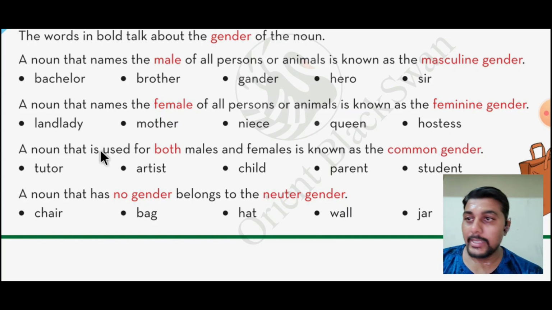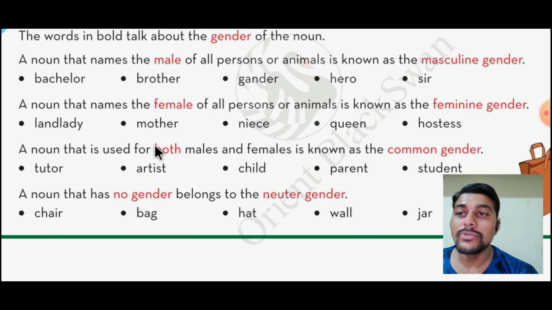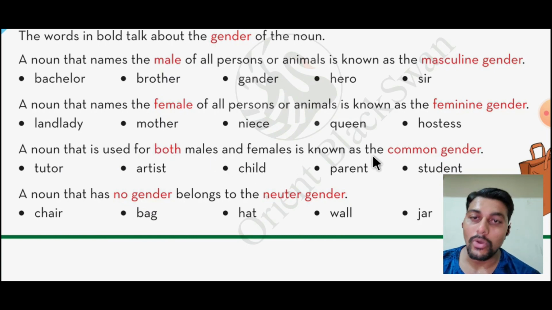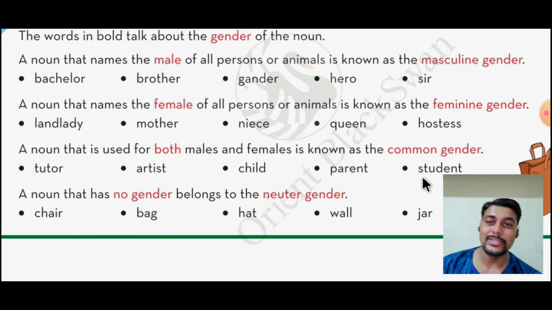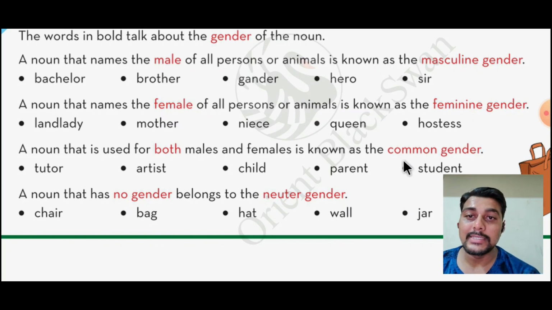Third one is a noun that is used for both males and females is known as the common gender. Examples are tutor, artist, child, parent, student, teacher, doctor, president, prime minister, chief minister. All these are examples of common gender nouns.